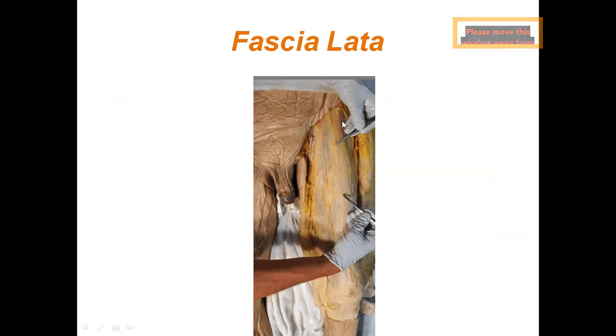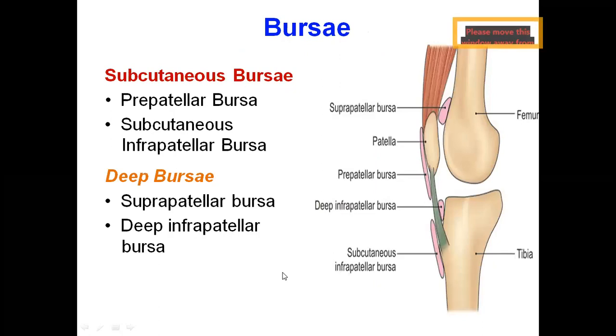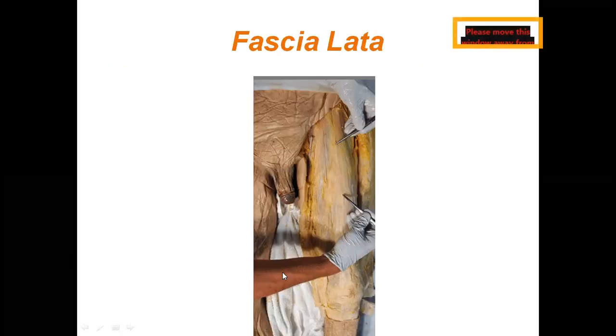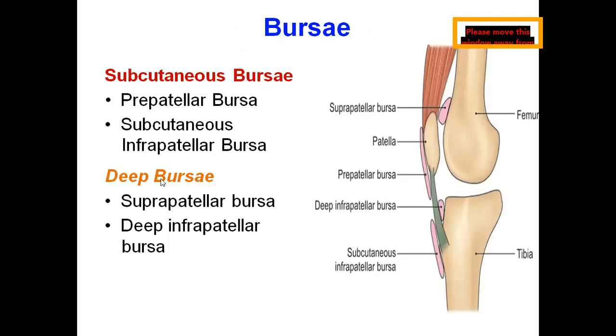That is the superior attachment all around the thigh like a sleeve. Lower down, it is attached along the sides of the femur and tibia bones, almost around the knee joint. Apart from this, the deep fascia will have certain modifications. We will see that.